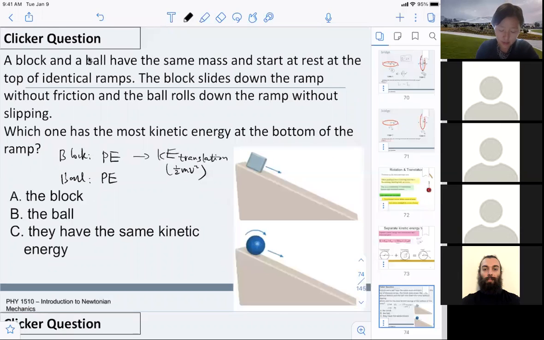We used the conservation of energy approach before, and we only counted 1/2 mv squared because that's the only type of kinetic energy we had. So in the ball's case, do you think it will go 100% to just the translational, or would it also go to the rotational energy at the same time? Would these two be combined to come from the potential energy of the ball?